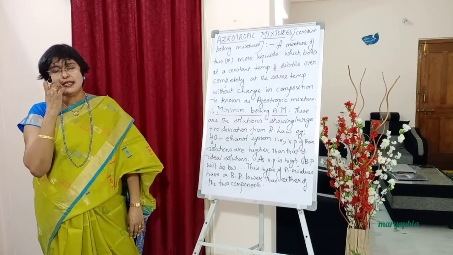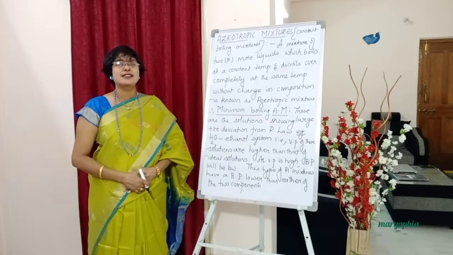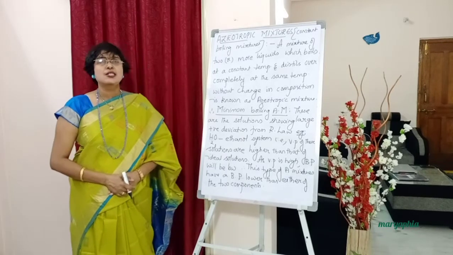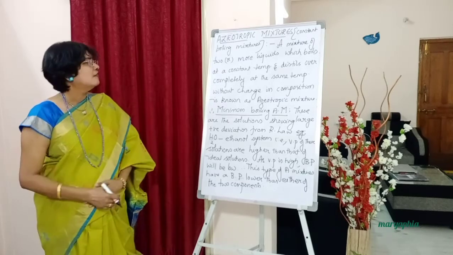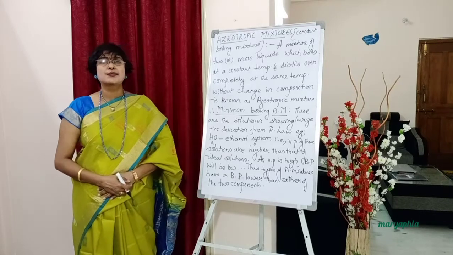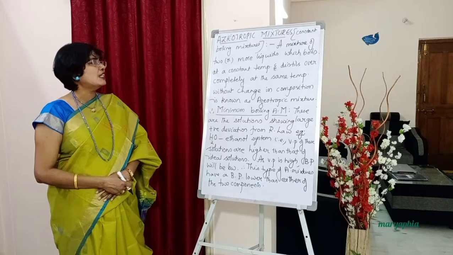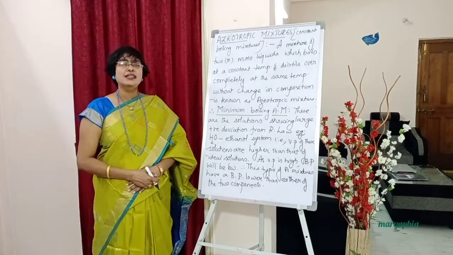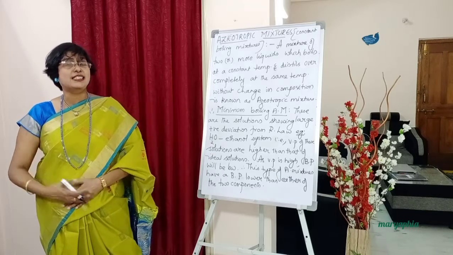So what is an azeotropic mixture? Write down. A mixture of two or more liquids which boils at a constant temperature, and distills over completely at the same temperature. There is no change in this temperature, students.